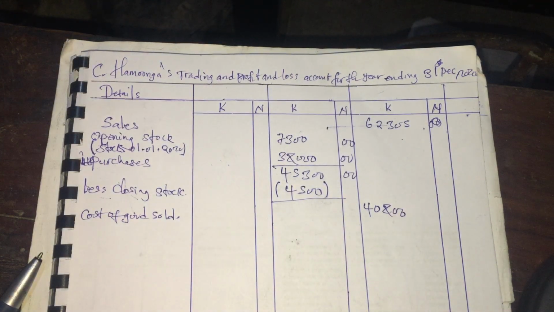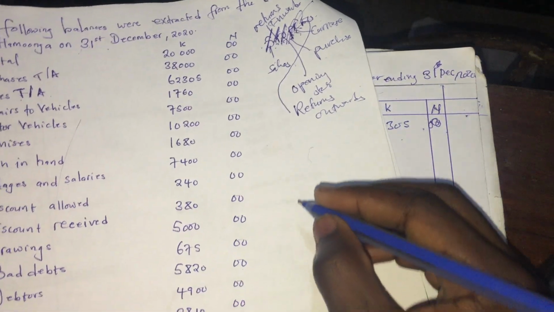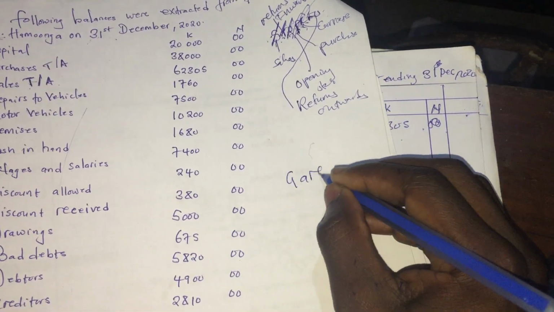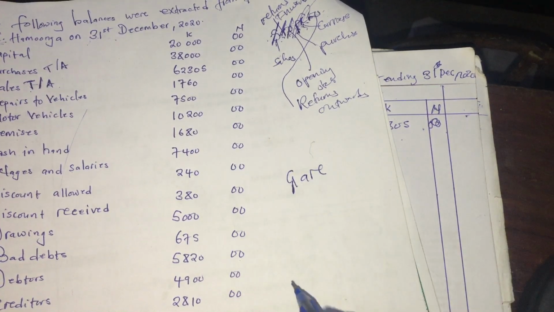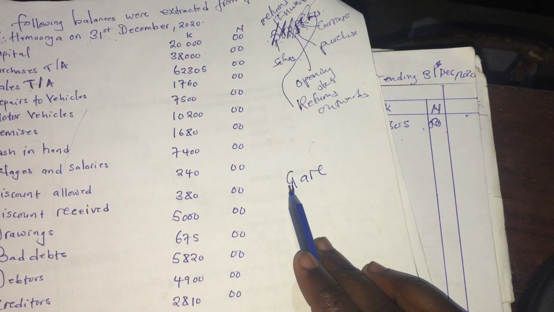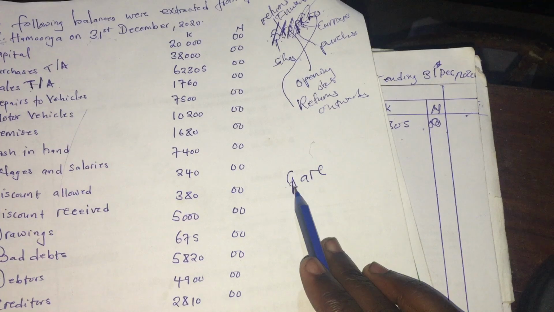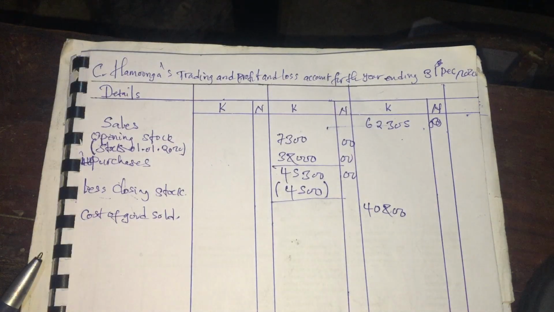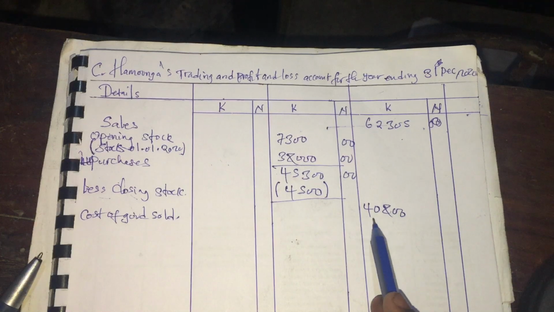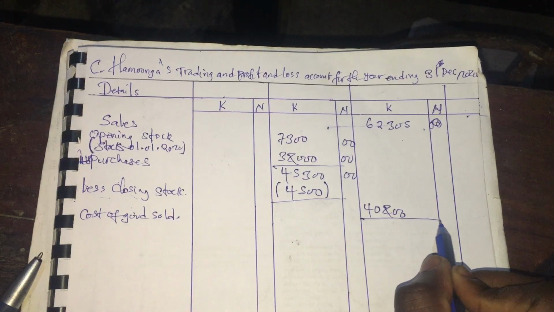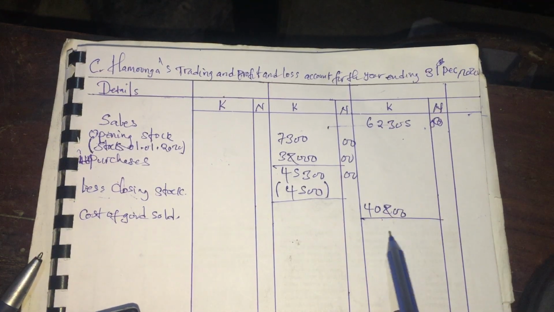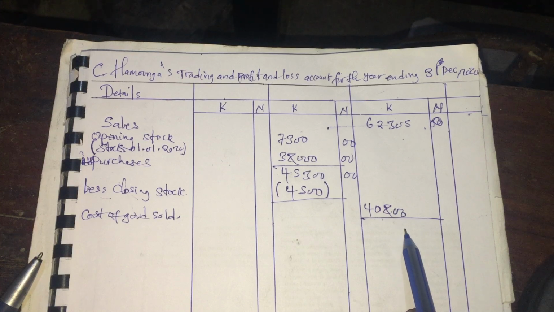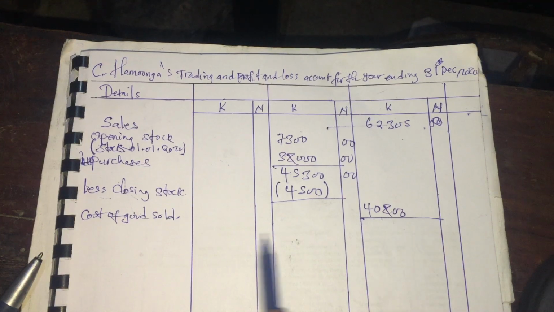For the profit and loss account, we have GARY. G stands for the gross profit, and at the same time it stands for gains. So this amount here, we are going to subtract. Upon subtracting, if your answer gives you a negative, the amount should be named the gross loss.